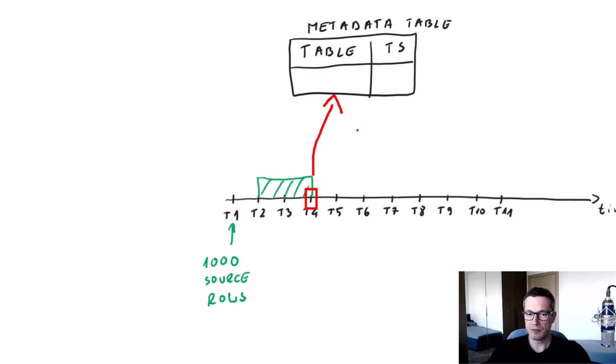So one more time: as the processing succeeds at the end, we go to the metadata table and save there the start time of this processing. In our case, it would be T2 that we want to save in the timestamp column. So we save T2 as the timestamp that corresponds to the table that we are processing, which we called silver 1. And that's it. The processing stops.